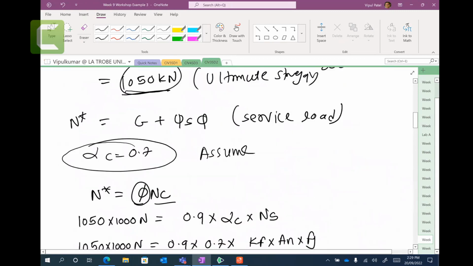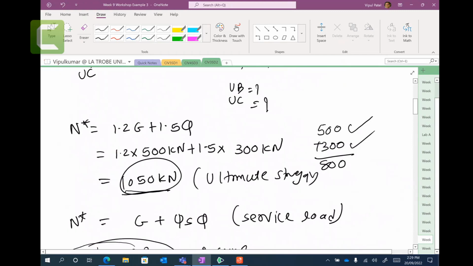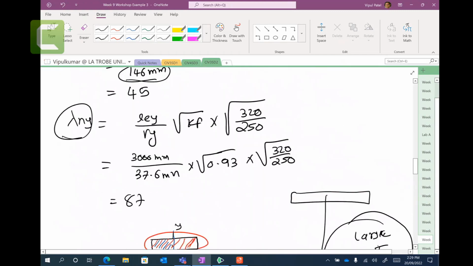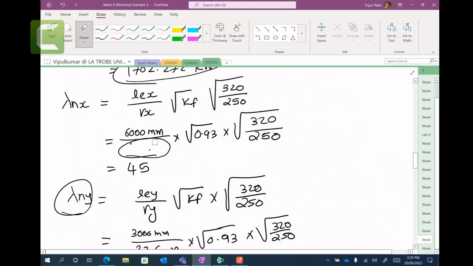Here lambda n is 130, so you can put 130. This one, kf, we can change it to 0.991.